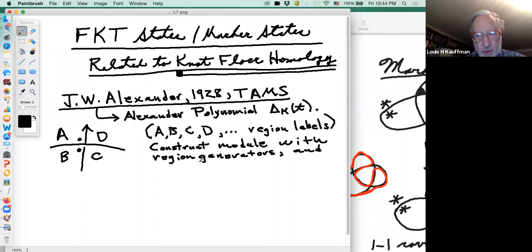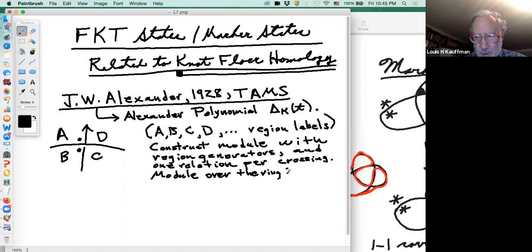And one relation per crossing. And it will be a module over the ring Z[T, T inverse].